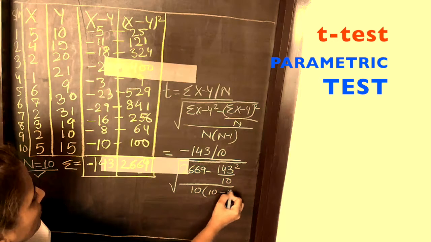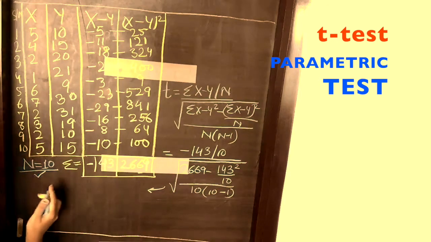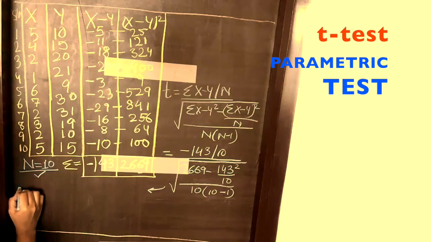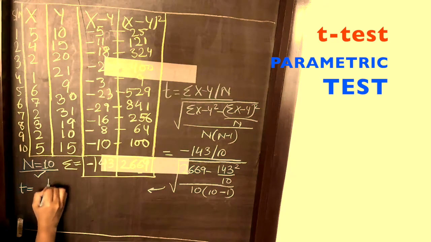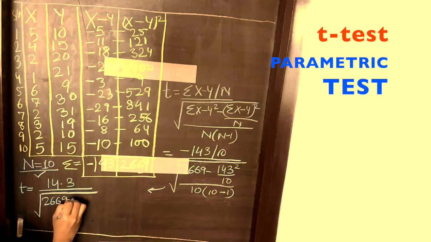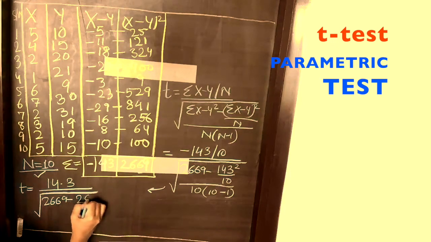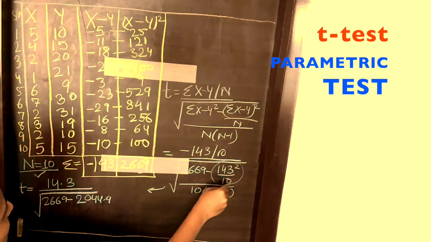Similarly, we'll put all the values here, and then we'll get a very easy calculation here. So yeah, not to forget, the sum of x minus y is a negative figure, that is minus 143, that will be divided by 4. So I have missed out putting the minus sign here. Very soon I'll put it in the next step.